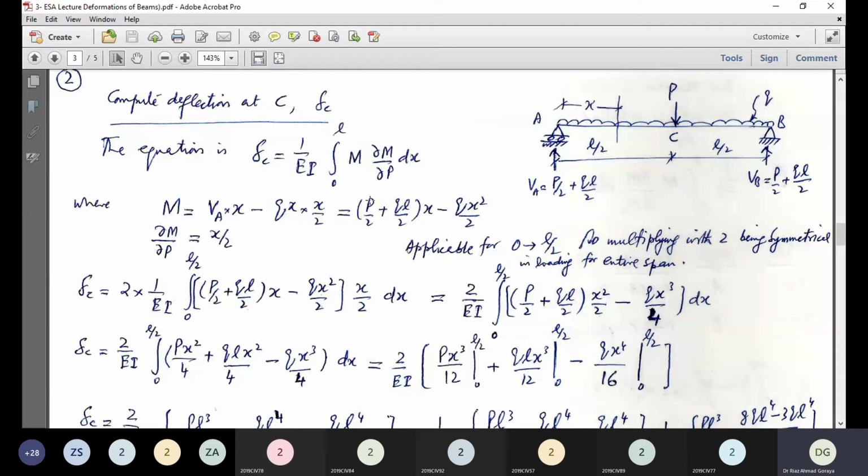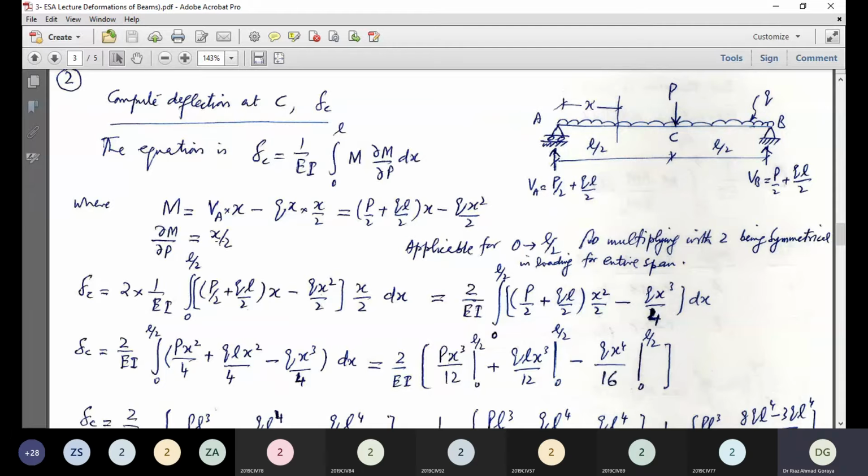So इसके साथ P के साथ क्या है? X by 2. जब ये X इससे मल्टीप्लाई होगा it will be Px by 2. So partial derivative of M with respect to P will be equal to X by 2.